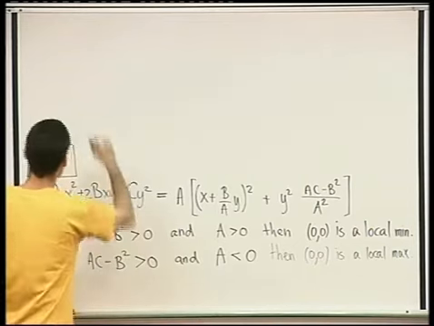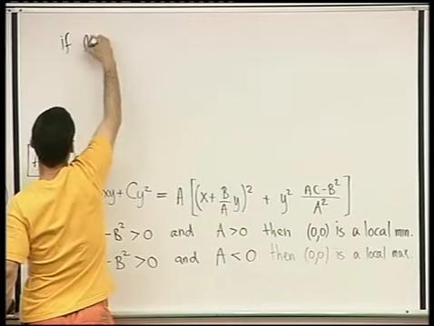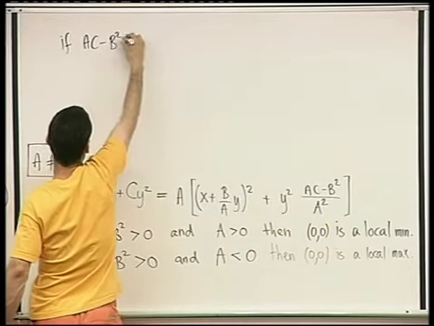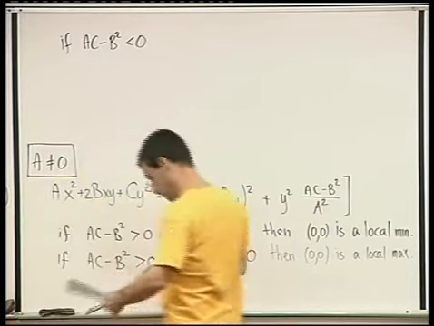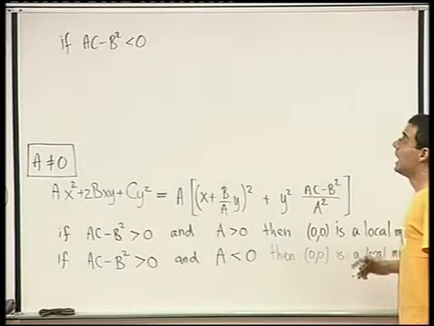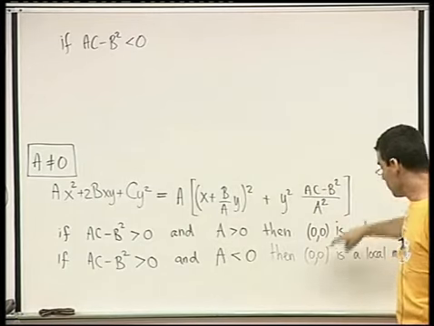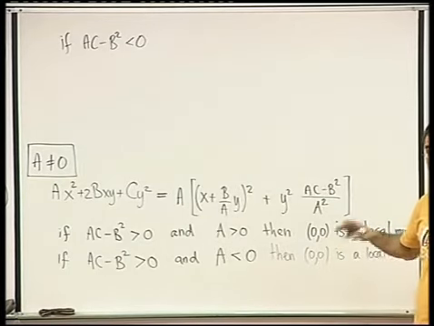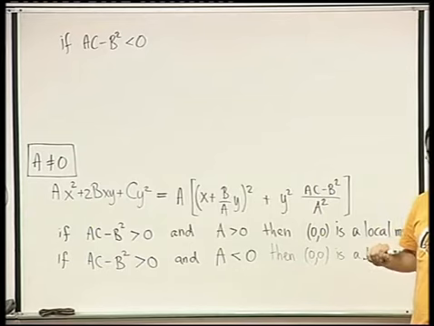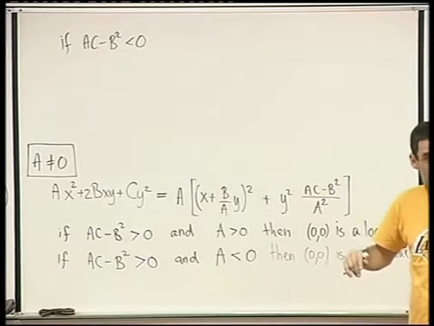So we handle these two. If ac minus b squared is negative, the claim is that the point 0, 0 is not an extremal point. It's not a minimum or a maximum. It's some form of saddle-ish point.